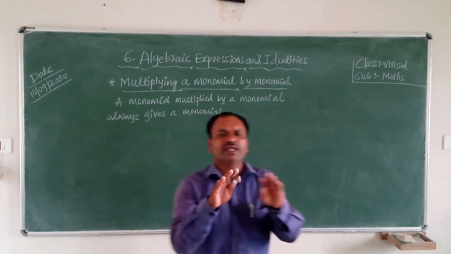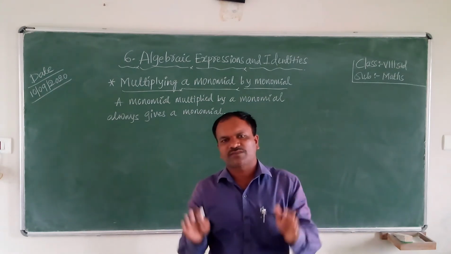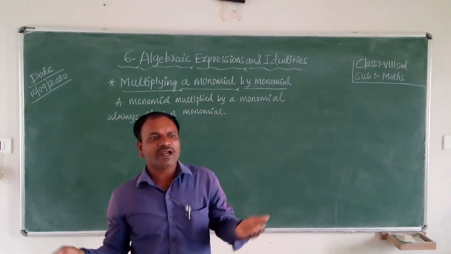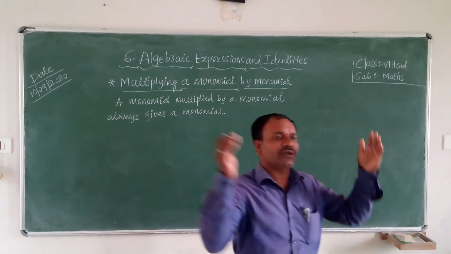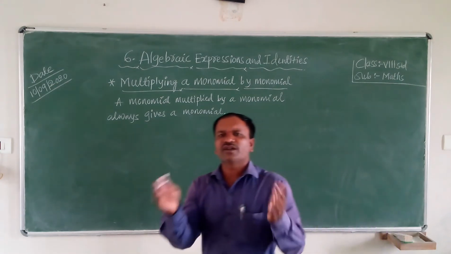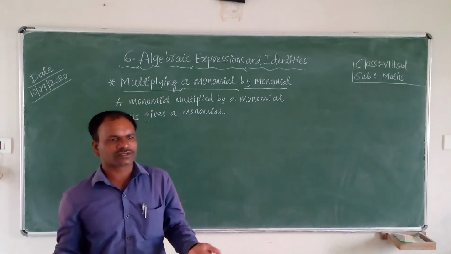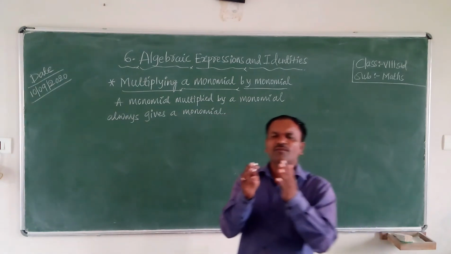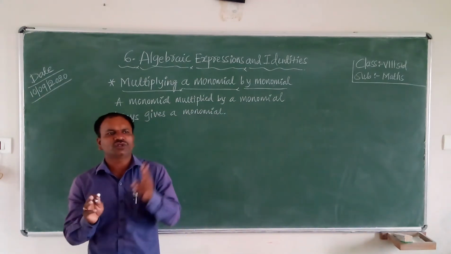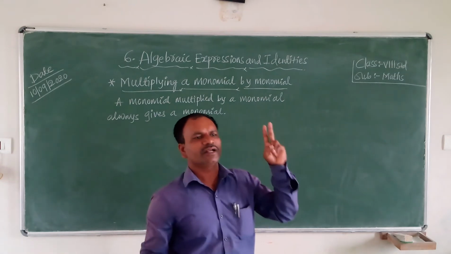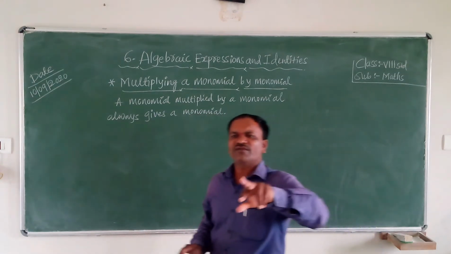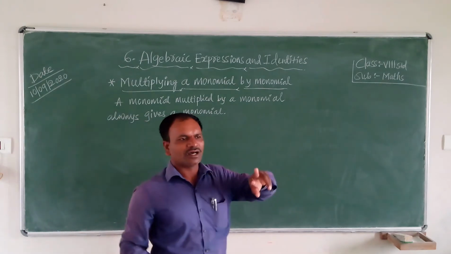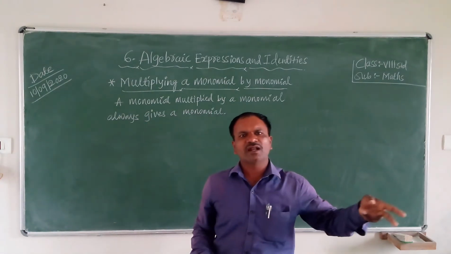But different variables, don't add and don't subtract. This concept is very important. Multiplication and division will come with different variables, unlike terms, but addition and subtraction will come with the same variable, like terms.